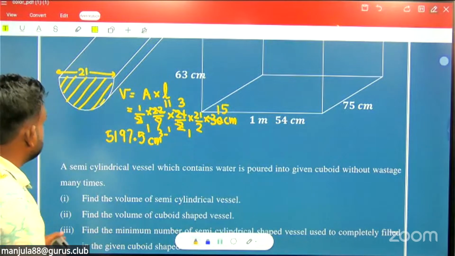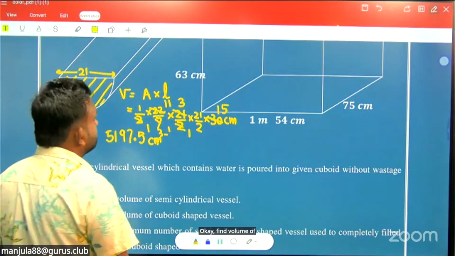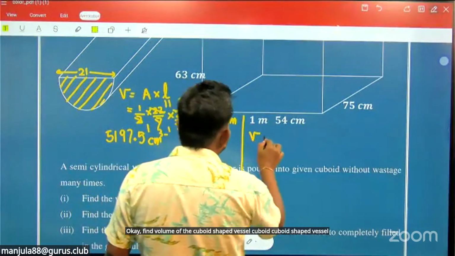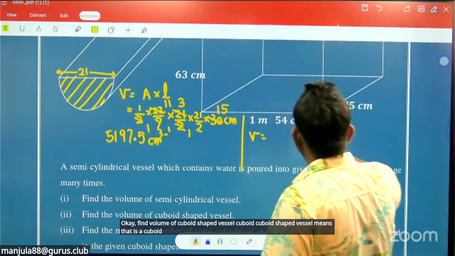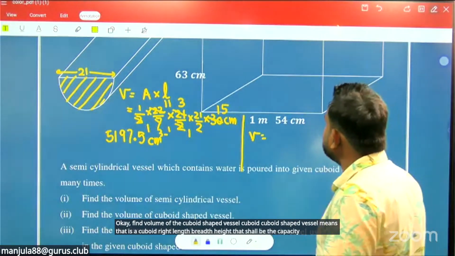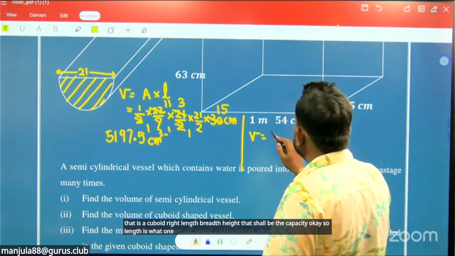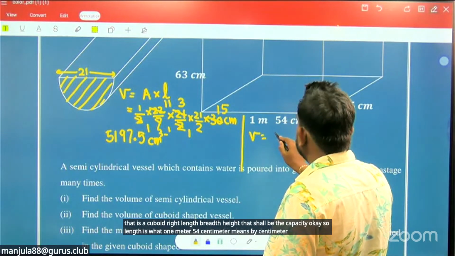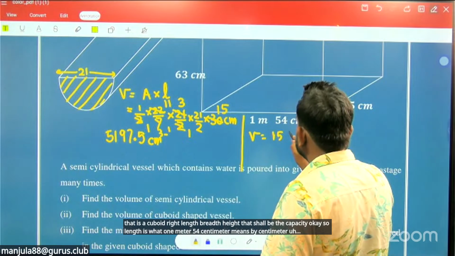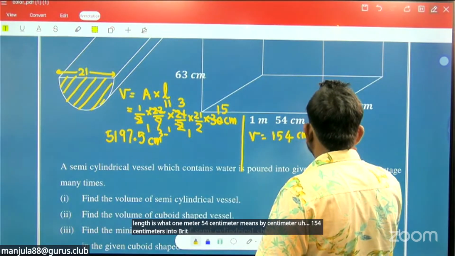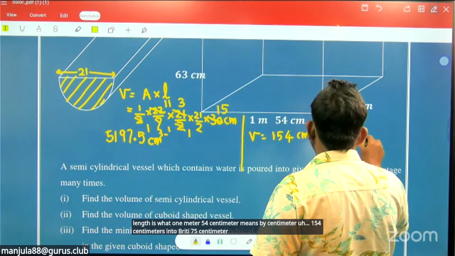Okay, find the volume of the cuboid shaped vessel. Cuboid shaped vessel means that is a cuboid, right? Length, breadth, height, that gives the capacity. So the length is what? 1 meter 54 centimeters, which by centimeter is 154 centimeters, into breadth 75 centimeters, into height 63 centimeters.